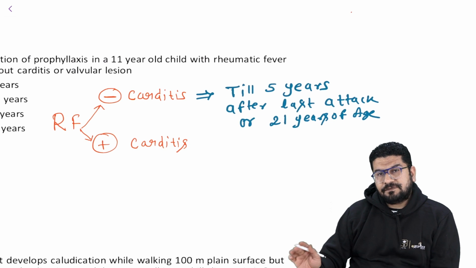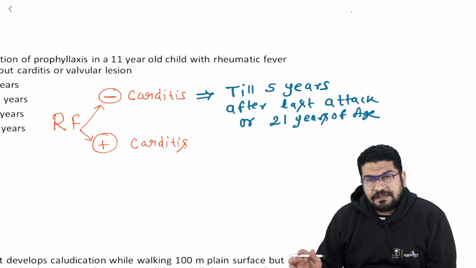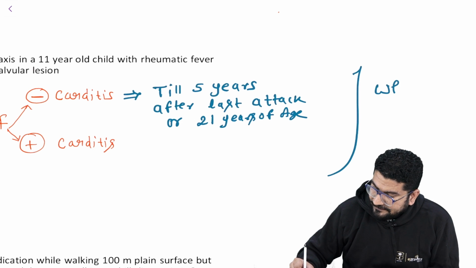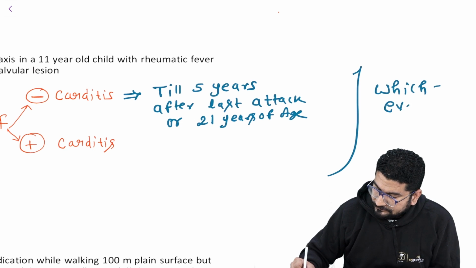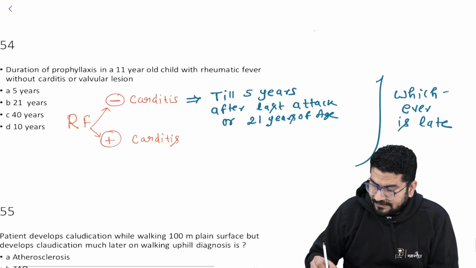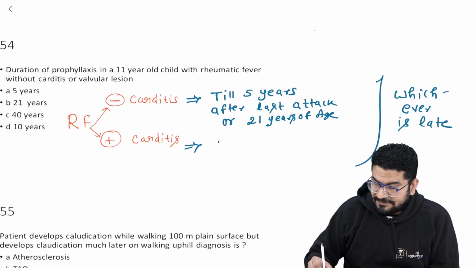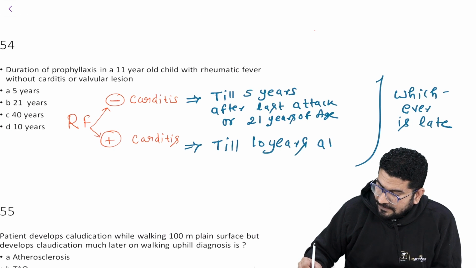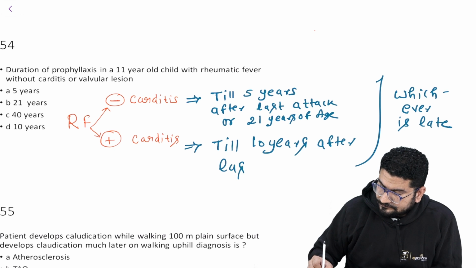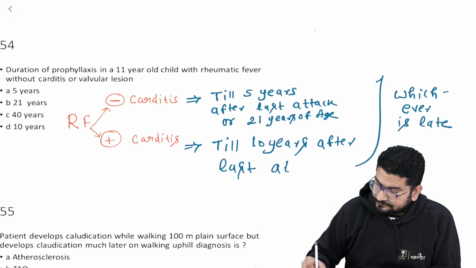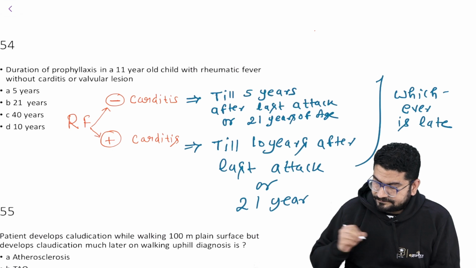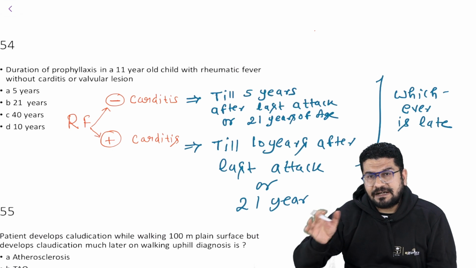So the patient should take it till 5 years after the last attack or till he reaches 21 years, whichever is later. Then if carditis is there, the patient should take this till 10 years after the last attack, or again 21 years of age, whichever is later. 10 years after last attack and 21 years of age.